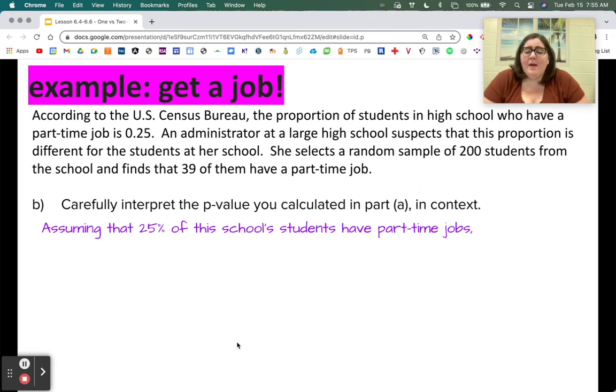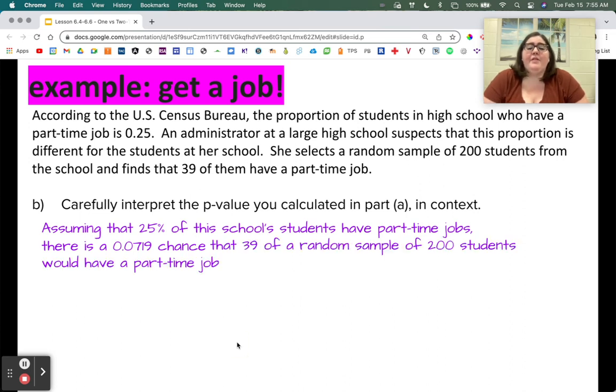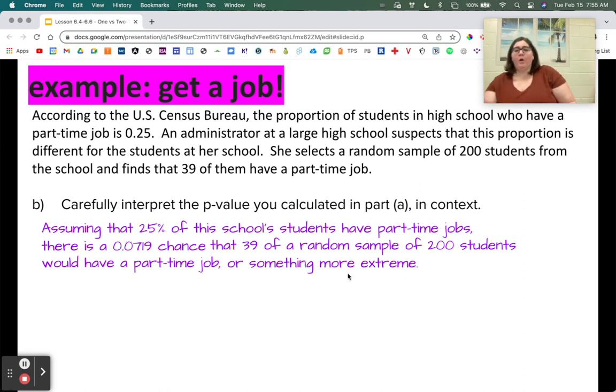So assuming that the null hypothesis is indeed true, that 25% of the school students have part-time jobs, there's a 0.0719 chance, that's our p-value, that we would get 39 out of 200 students having a part-time job or something more extreme. When we do a two-tailed test, we typically use this wording of more extreme because we're going in both directions. So it's a little harder to say 39 or more, 39 or less. We're saying 39 out of 200 or more extreme.